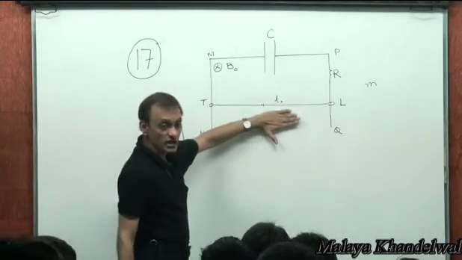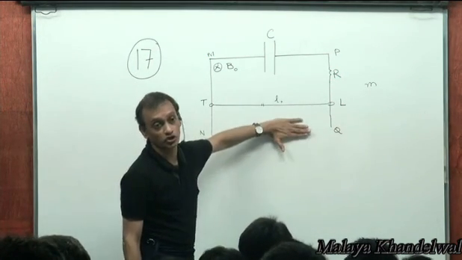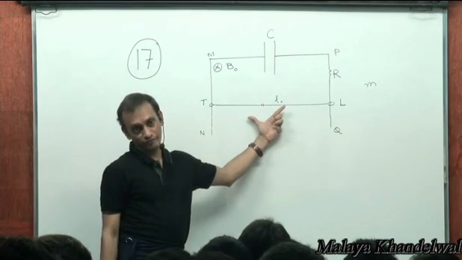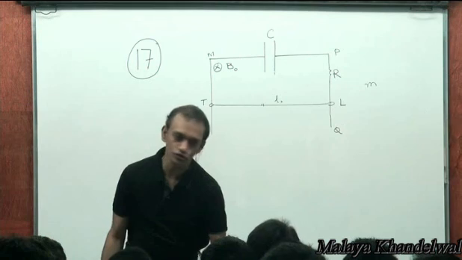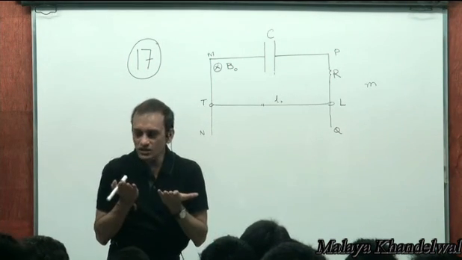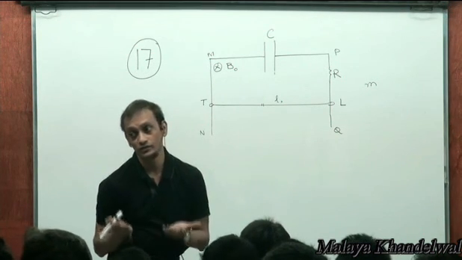It has an acceleration g downwards, but it has no velocity. So there is no motional EMF. If there is no motional EMF, there would be no charge associated with this, and no current associated with this. Clear? Okay. Next, it starts to move down under the influence of gravity.